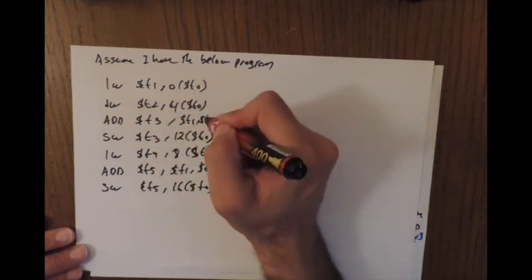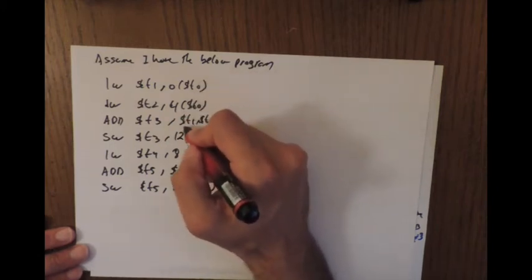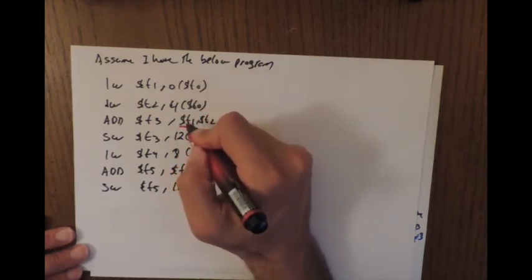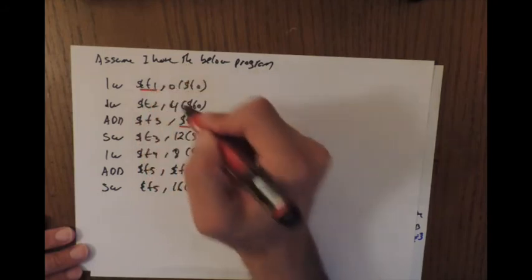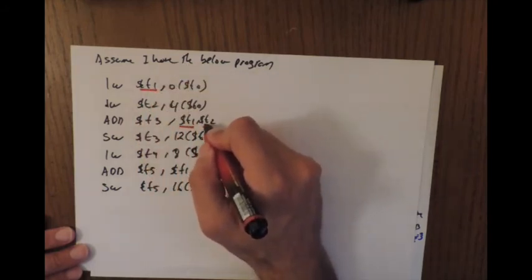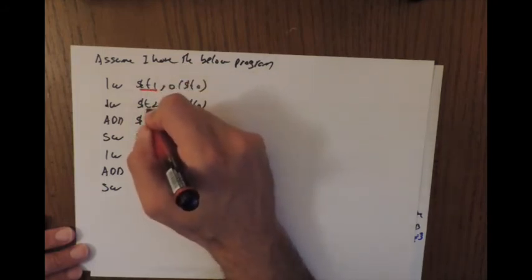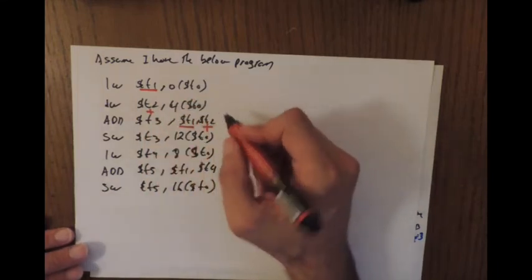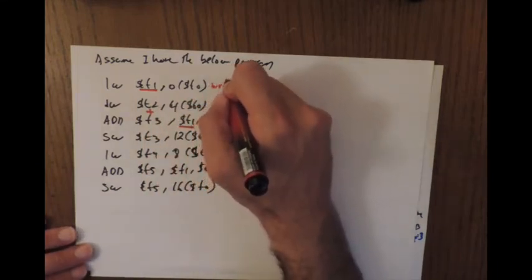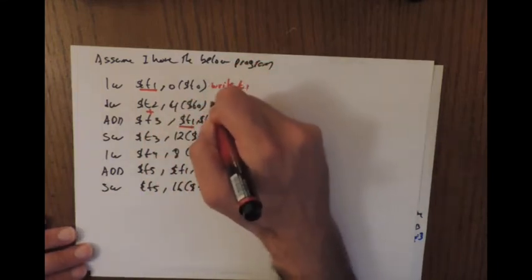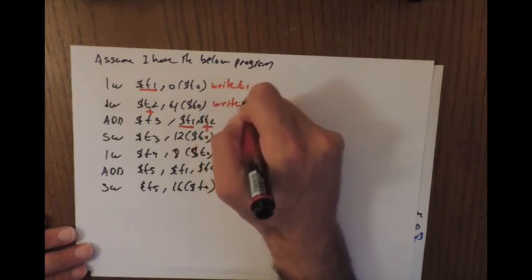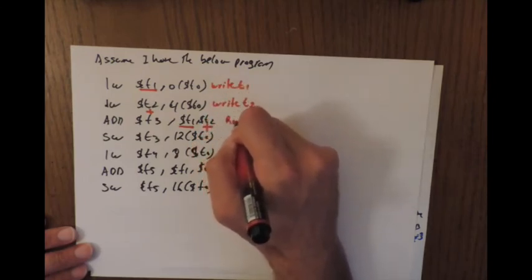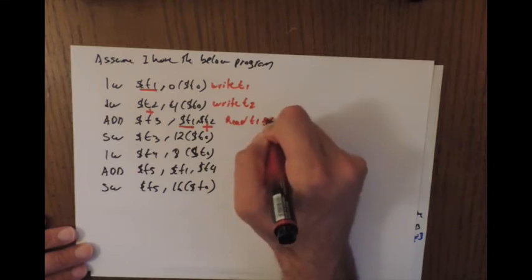Then I check T1 has a dependency here and T2 has a dependency here, because here I have write T1 write on T2, and here I have read for T1 and T2.